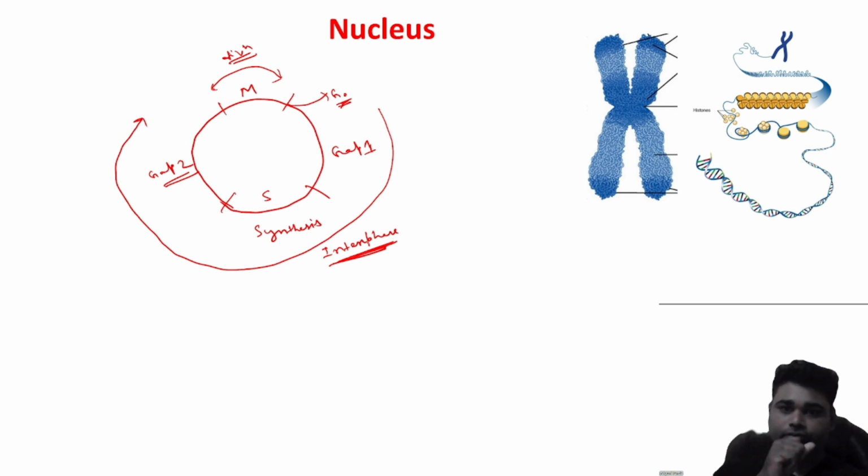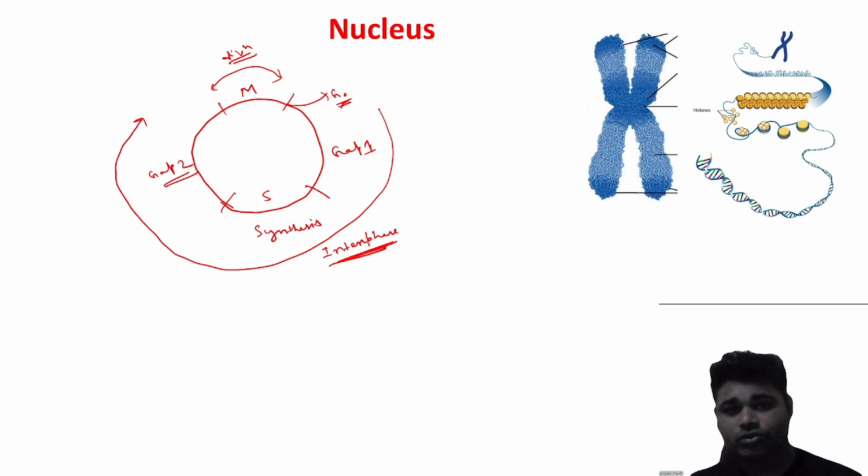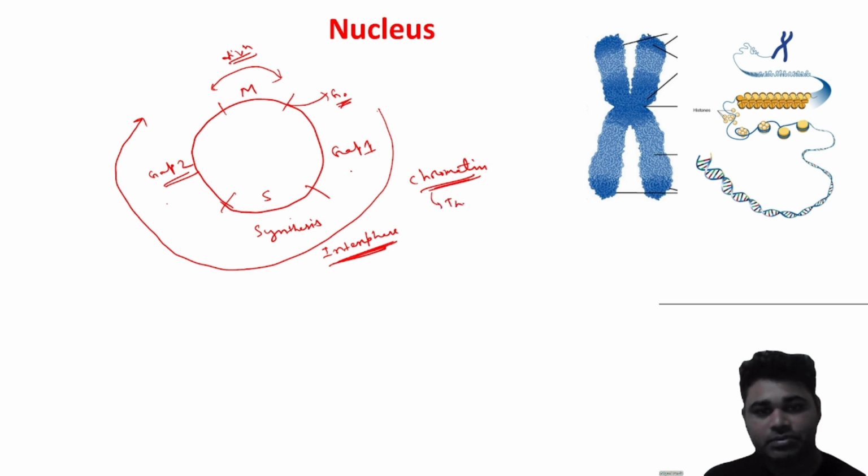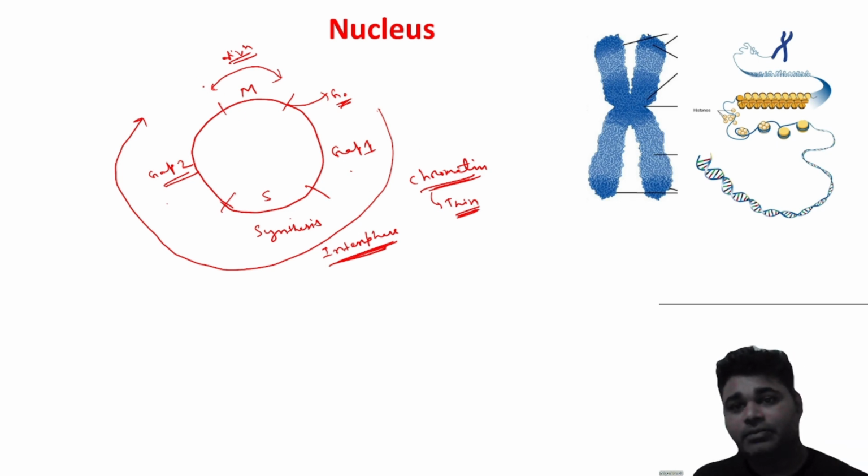Now what is the structure of the chromatin, chromosome, chromatid? When the chromosome is present in the interphase, that means gap 1, S phase and gap 2, this structure is called the chromatin. And this chromatin structure is a very thin structure. Now when it enters the M phase or division phase, the chromatin becomes condensed.